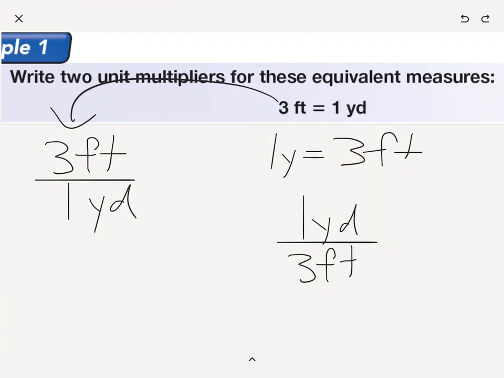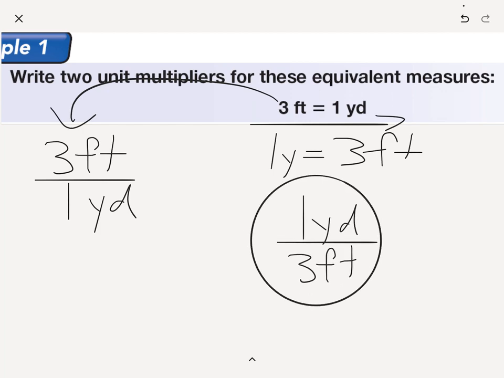Okay, so are you paying attention? Basically this is a unit converter of feet to yards, right? So this is saying for every 3 feet, there will be 1 yard.